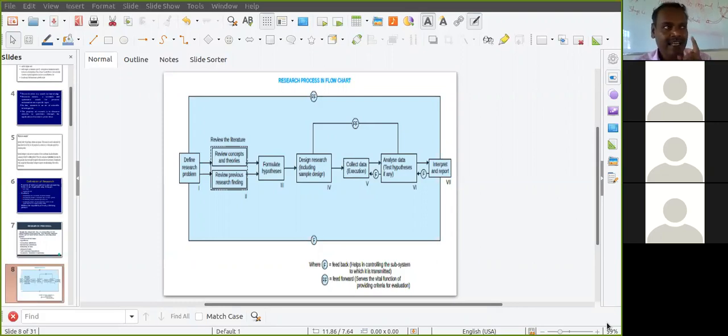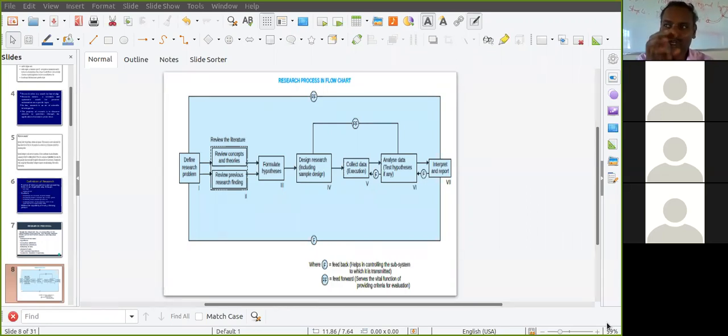Hypothesis, in literal terms, is about assuming a fact. It is not exactly the right one or the wrong one. You are assuming the fact, and that is called hypothesis. You are assuming your statement. At the end of the research, your assumption is going to be proven true or not. Initially you are assuming some facts.